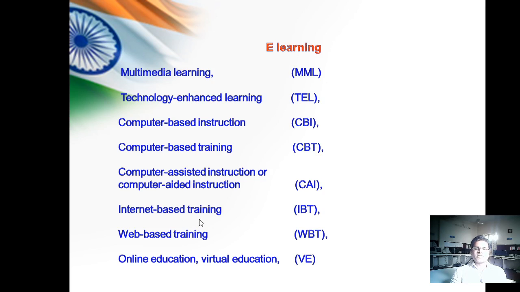IBT means internet based training, WBT means web based training, and WE means online education or virtual education. Means we are really aware of these, the nature of e-learning, and we can choose it and we can learn.